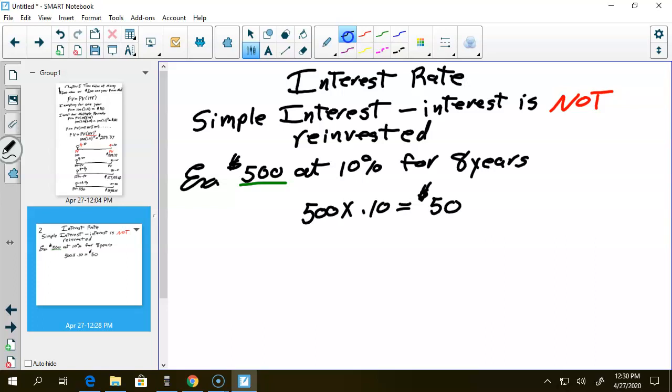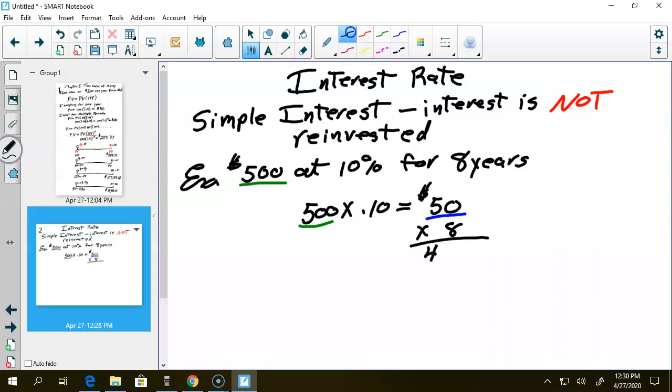So what would happen here is, let's say this is January 1st, you put in your principal amount. At the end of the year, you have your interest here, $50 in interest, but let's say that $50 in interest goes into a certificate of deposit or an IRA or whatever. It just doesn't go back into your account, right? So you do that for 8 years, okay?